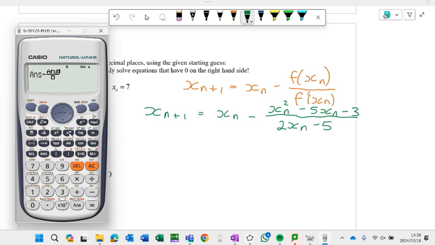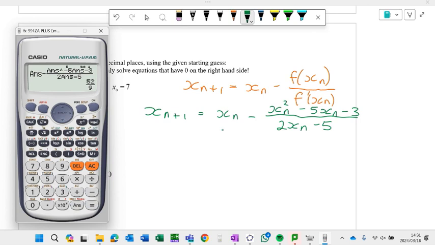All the xn's must be answers. Answer squared minus 5 lots of answer minus 3 over 2 lots of answer minus 5. And so you press equals and you get 52 over 9.